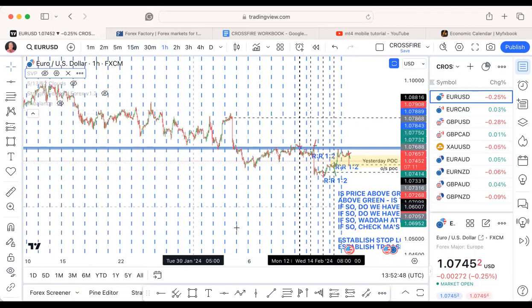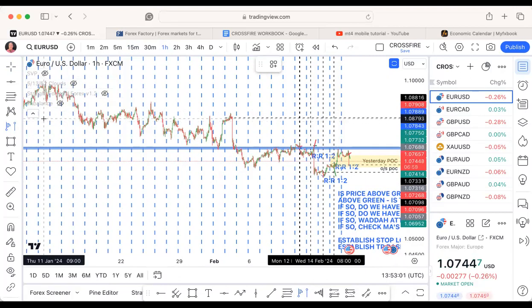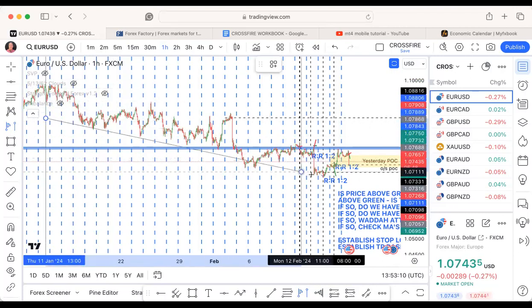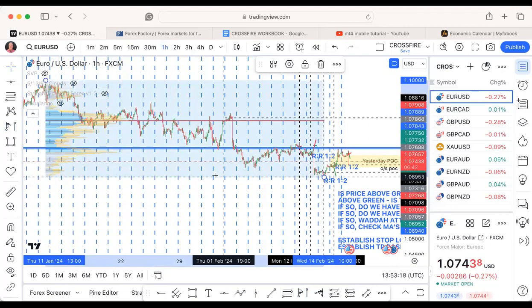So, for instance, I've got fixed range volume profile here. I can put it on the highest point, which was there. I have to be on that candle, so I can take it down here. That's my high point, and my low point is down here somewhere, quite roughly, and I get a new volume profile.